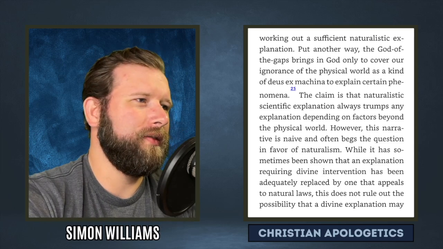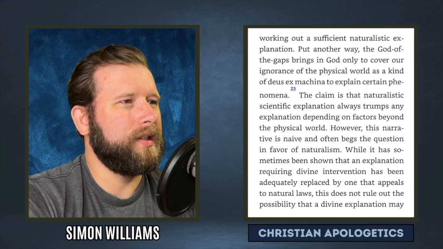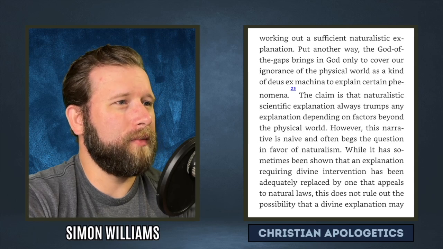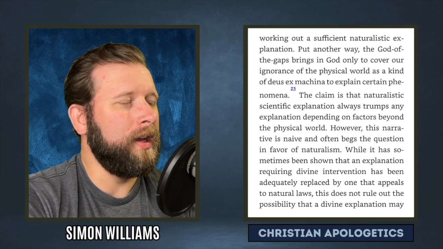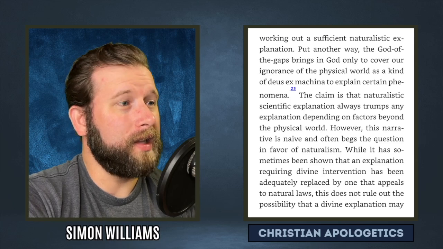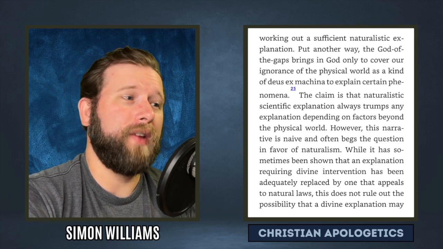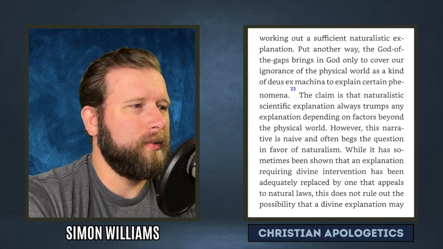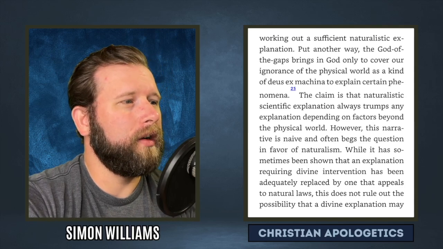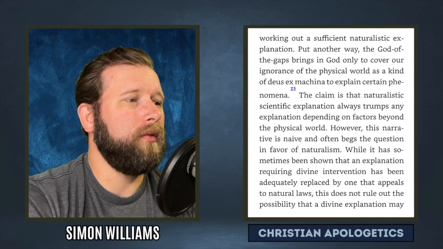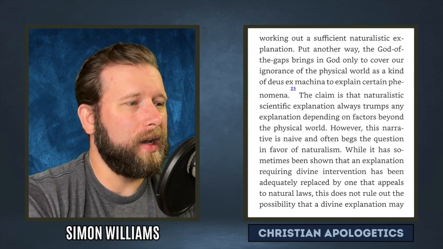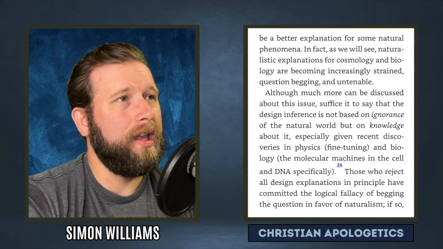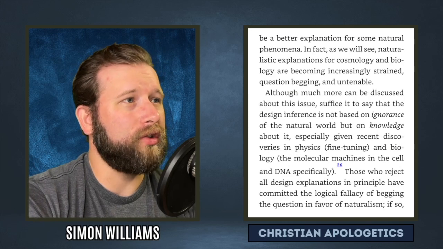Anyway, Groothuis continues, the claim is that naturalistic scientific explanation always trumps any explanation depending on factors beyond the physical world. However, this narrative is naive and often begs the question in favor of naturalism. While it has sometimes been shown that an explanation requiring divine intervention has been adequately replaced by one that appeals to natural laws, this does not rule out the possibility that a divine explanation may be a better explanation for some natural phenomena.